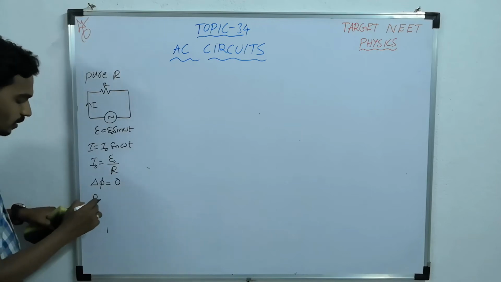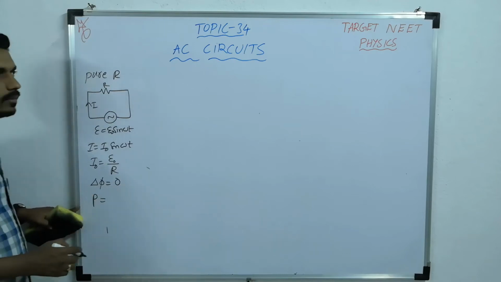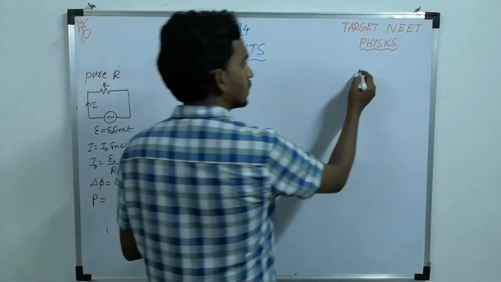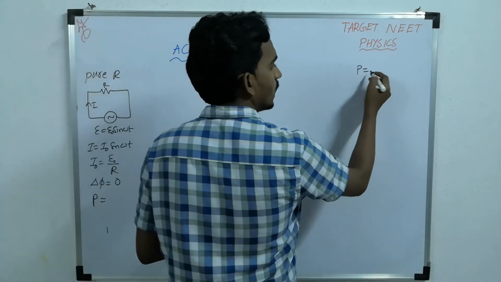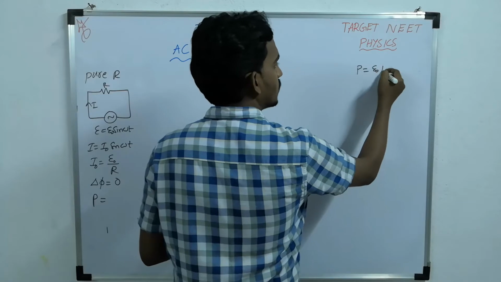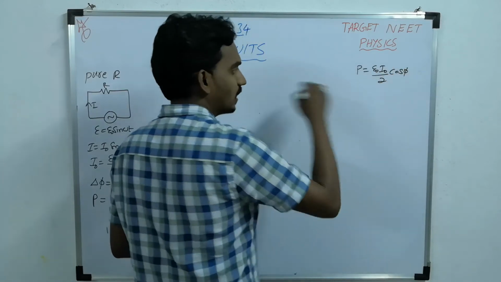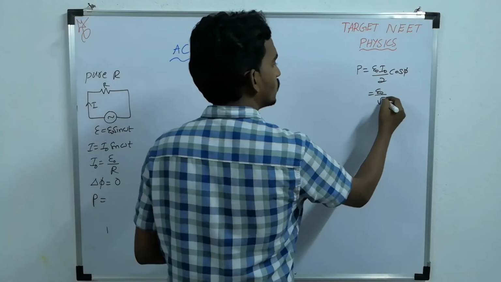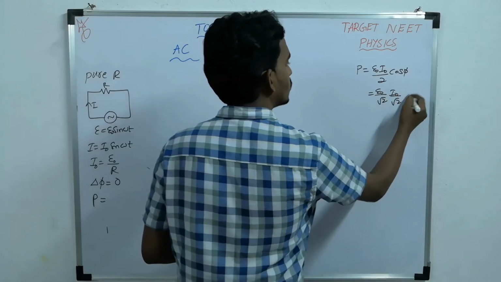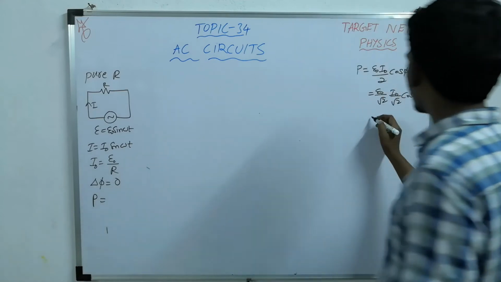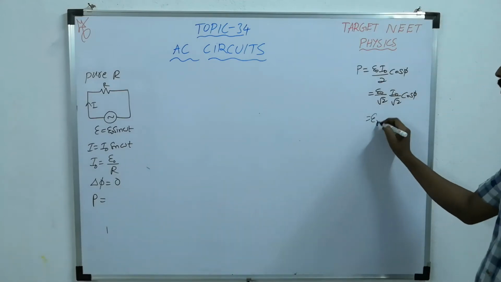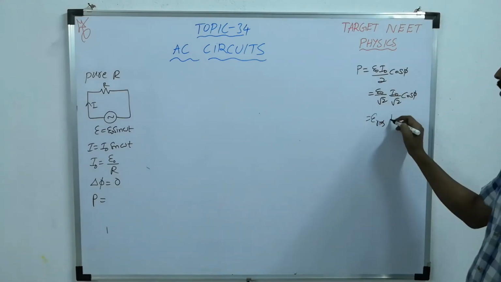And then the power dissipation. The average power dissipation formula for any AC circuit is epsilon naught I naught by 2 cos phi, or epsilon naught by root 2 times I naught by root 2 times cos phi, where epsilon naught by root 2 we call the RMS value.